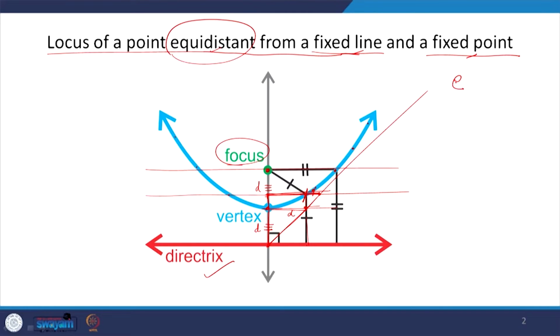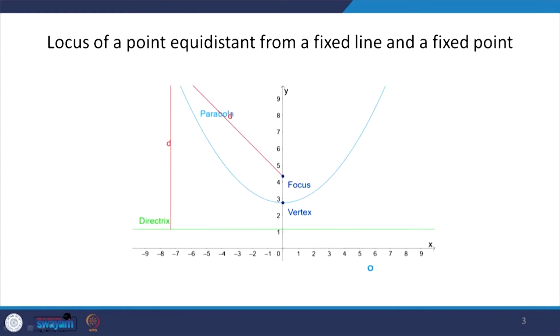In case of ellipse, this point was closer to the focus and farther from the directrix, which is the straight line. In case of hyperbola, it was opposite, it was closer to the directrix and farther from the focus, and that is how three different curves, three different locus are arrived at. So if you see, this is how we will get a parabola generated.